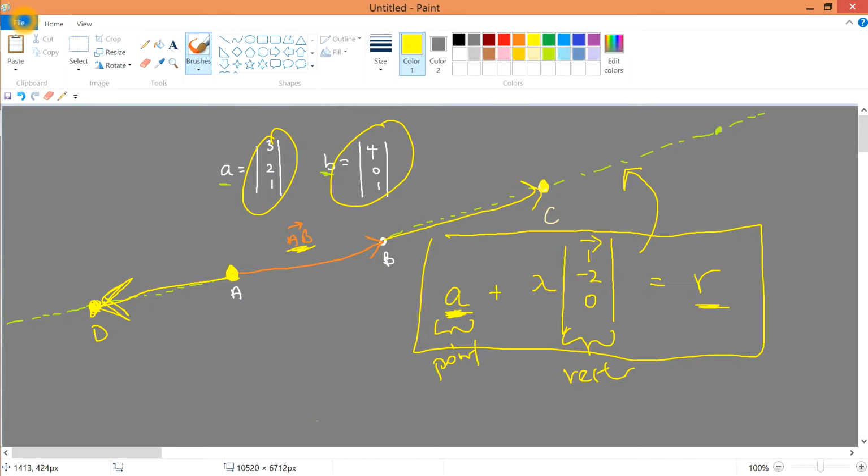Remember, I want you to actually remember the concept rather than the equation, so that it can help you understand generally what things are.